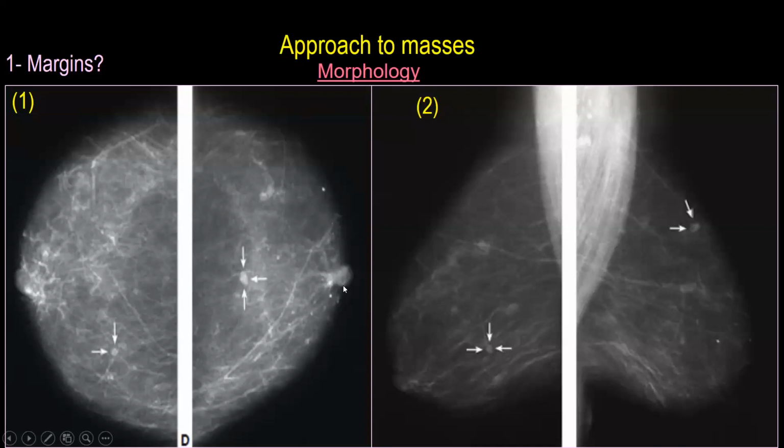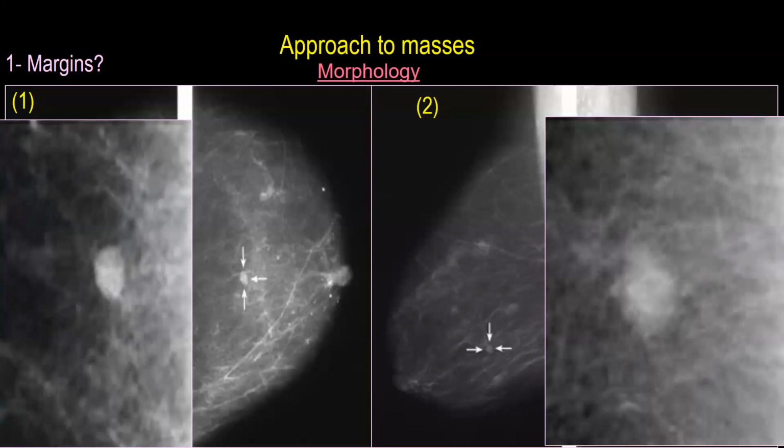To say partially obscured, you need to see more than 25% of the margin covered by adjacent parenchyma, and to see the remaining margin is circumscribed. But usually for these small lesions, you need zoom or spot magnification to characterize them, because these are too small. It is difficult to tell about the margins.